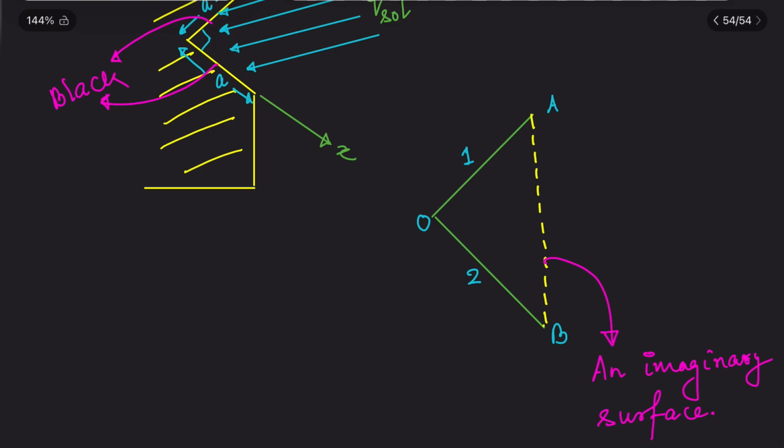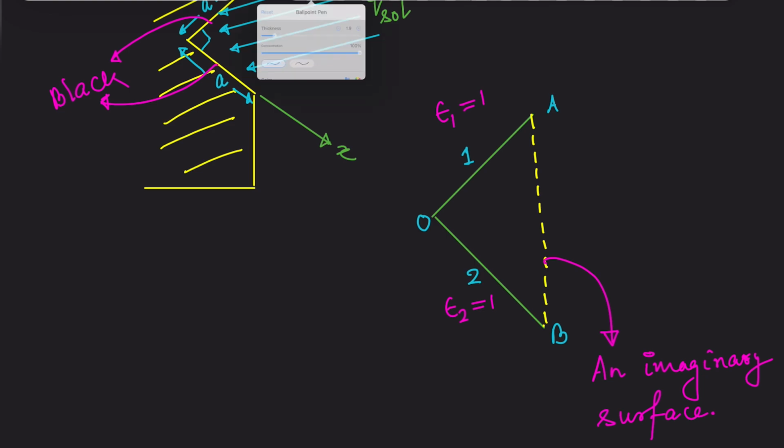And I have told you that epsilon 1 is 1 and epsilon 2 is also 1, because 1 and 2 are black surfaces. Now this is my imaginary surface and this is my surface 3.